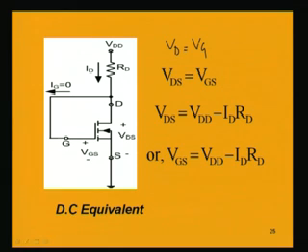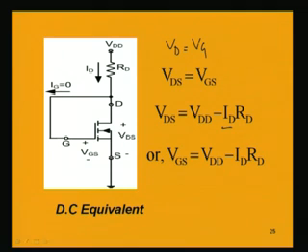Now, what is this drain to source voltage? This DS, that is drain to source, is having the voltage VDS. So, VDS equal to, applying Kirchhoff's law to this loop, we have VDD minus ID into RD, that is equal to VDS, and mind it, this ID is DC ID. We are having the DC equivalent circuit, so we are having the DC current.